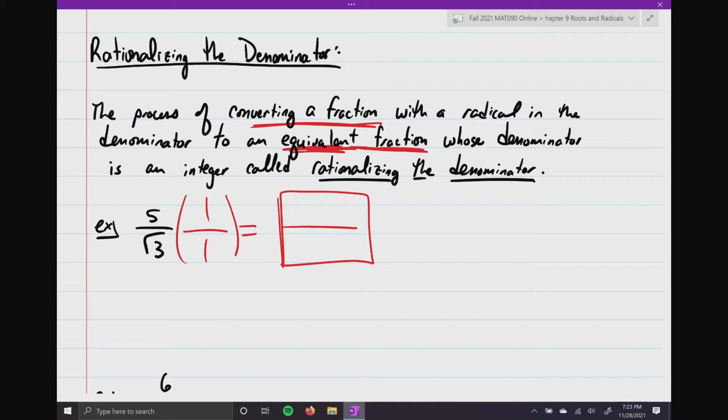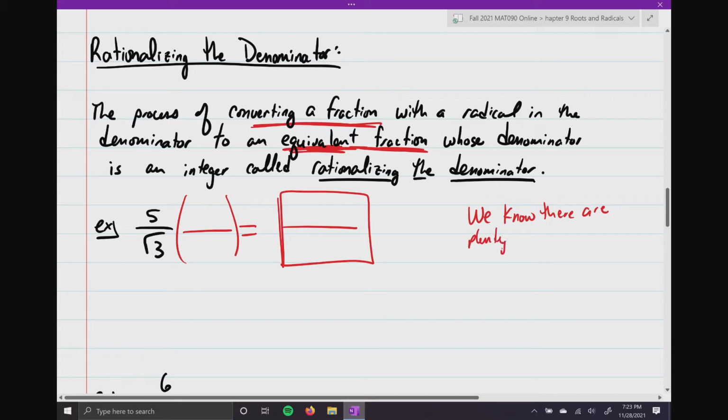However, now hopefully you can see that I'm erasing, because we know, and if you look on the right-hand side of your screen, we know that there are plenty of ways to write the number 1.